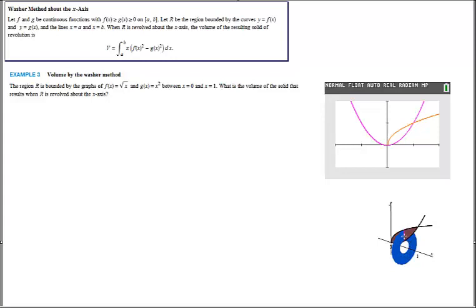And you could do this by the disk method. You could find it revolved about from the top and then just subtract out that hole, which is basically what they're doing.